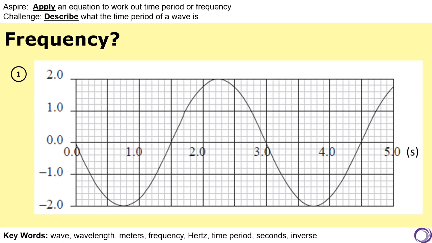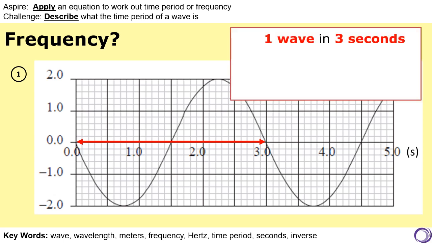Okay, let's look at this one together then. So we know that there was 1 wave in 3 seconds, okay? But I want to know how many waves in 1 second. So I'm going to divide the 3 seconds by 3 to get down to 1 second. But whatever I do on one side, I have to also do on the other side. So I'm going to take that 1 wave and divide it by 3.